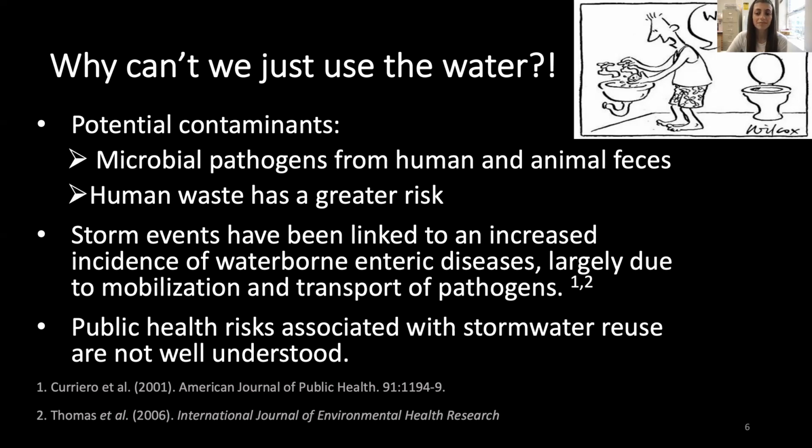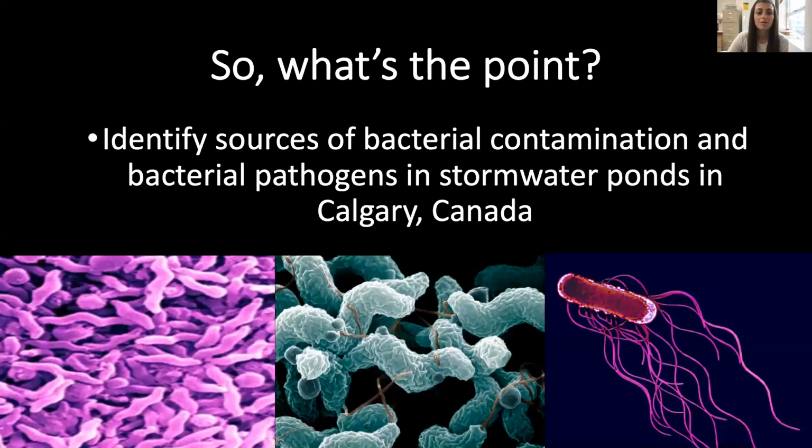Several recent studies have demonstrated that human feces are commonly found in urban stormwater systems, and therefore urban stormwater risks associated with its use must be better understood in terms of contamination sources. And so I wanted to identify sources of bacterial contamination and bacterial pathogens in stormwater ponds located in Calgary, Canada.